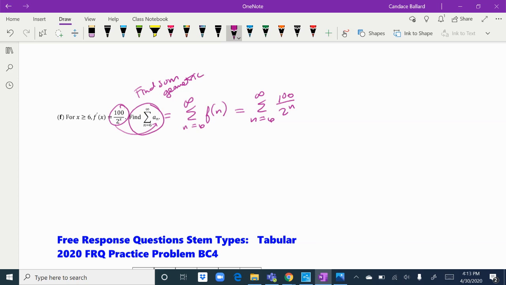So I'm going to expand this a little bit, because even if I didn't think about this find the sum part first, if I started expanding it, I might recognize what's going on. So I'm going to go out like 3 or 4 terms. So I know I have to start by putting in 6. So 100 over 2 to the 6th plus 100 over 2 to the 7th plus 100 over 2 to the 8th plus dot, dot, dot. Definitely looks like it's growing by a ratio.